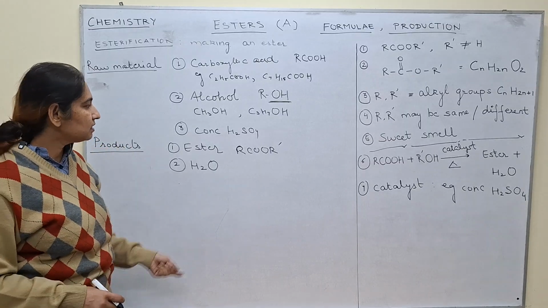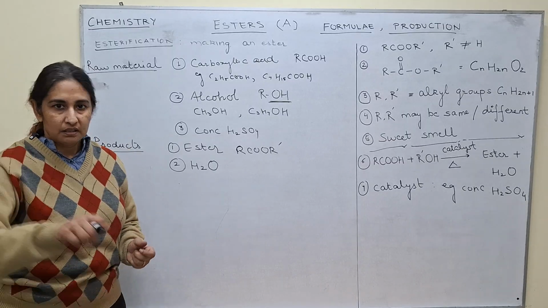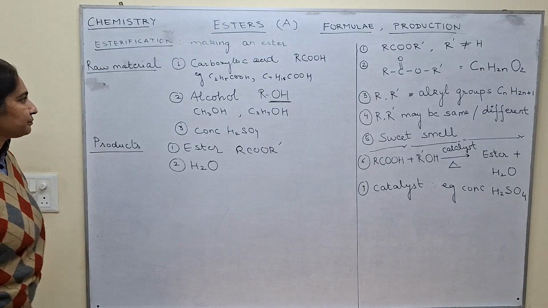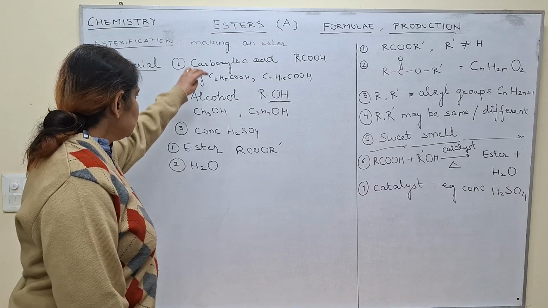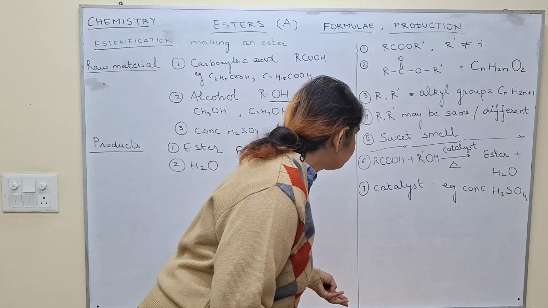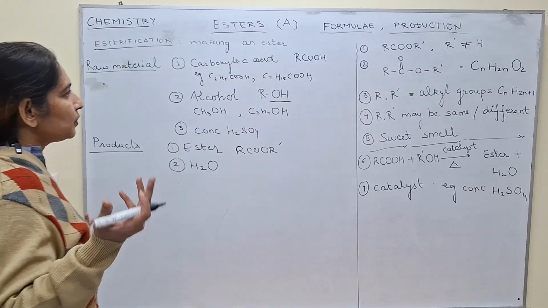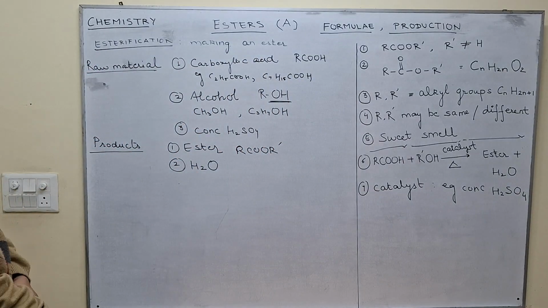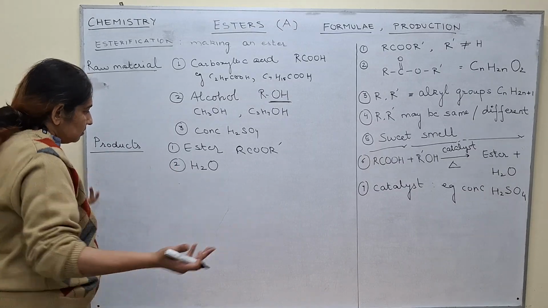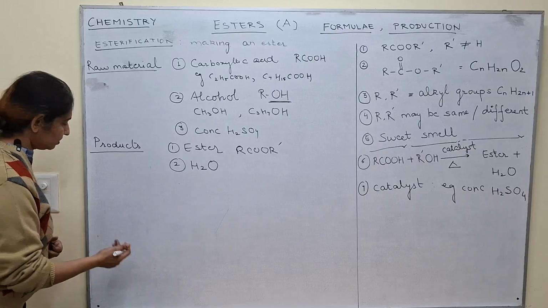You need the catalyst and you need heating and stirring the mixture till you get that sweet smell. So these are the raw materials, these are the products. Now let's take a proper example. Let's take an acid and an alcohol and write a reaction, just for the sake of example.